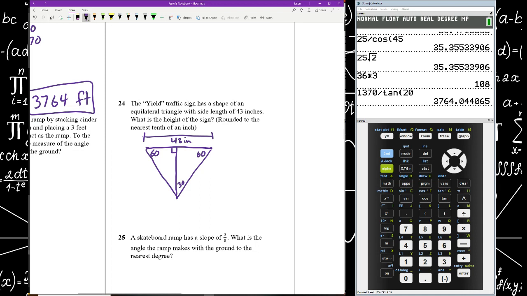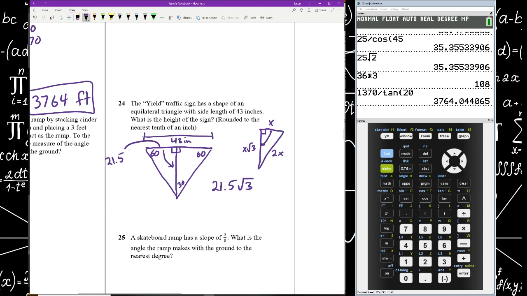Again, on a 30, 60, 90, short leg is x, long leg is x square root 3, and hypotenuse is 2x. But notice that 43 is not the short leg. It is twice the short leg. So we have to divide by 2, giving us that this is actually 21.5. But we need to go from there to the height, so that would be 21.5 square root 3.